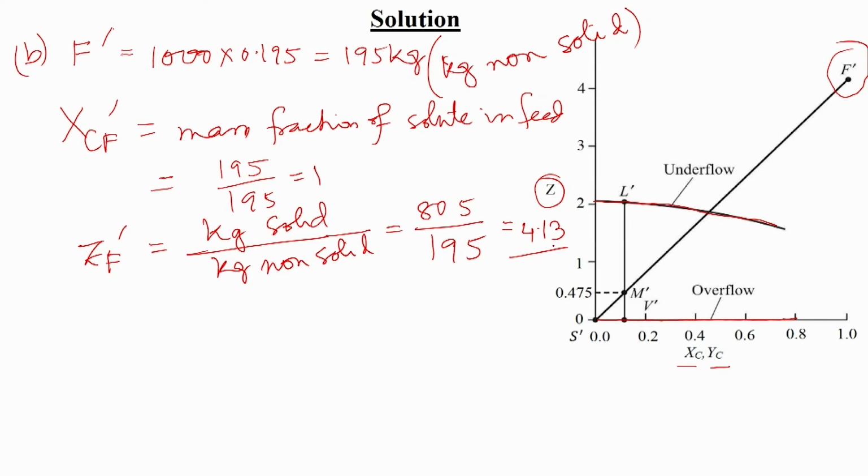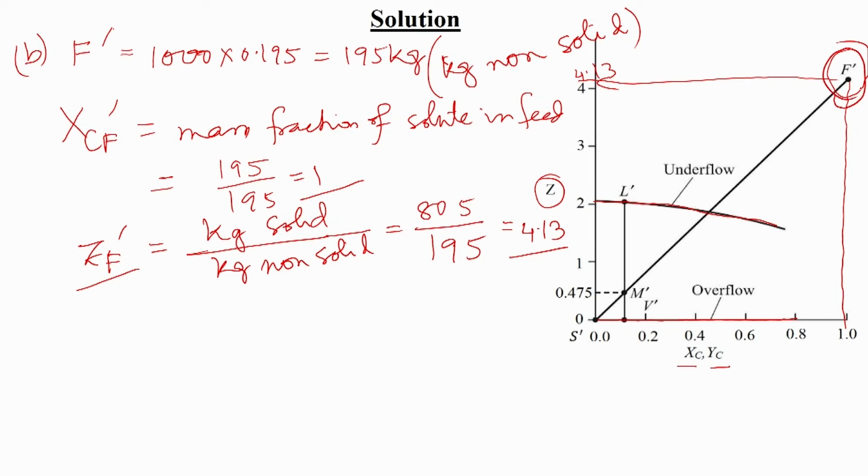That is why you see the Z value of this feed is more than 4. And when XCF is equal to 1, the feed point location is placed here.